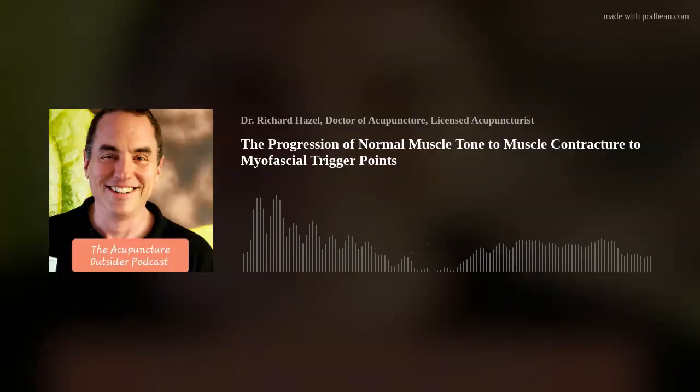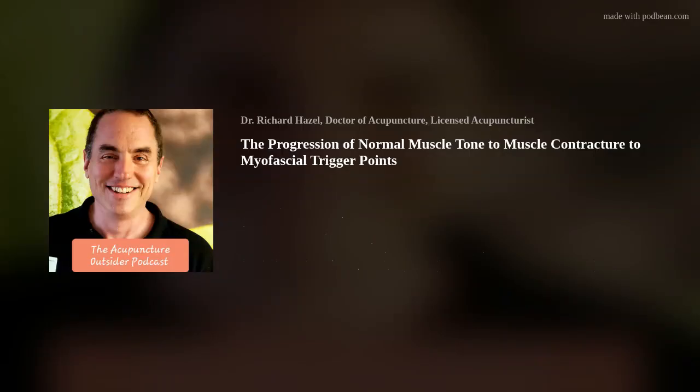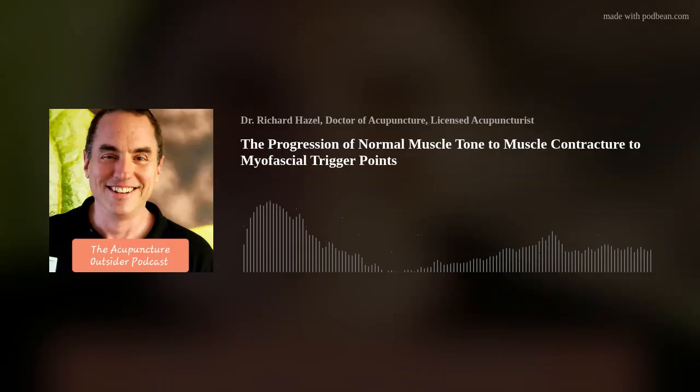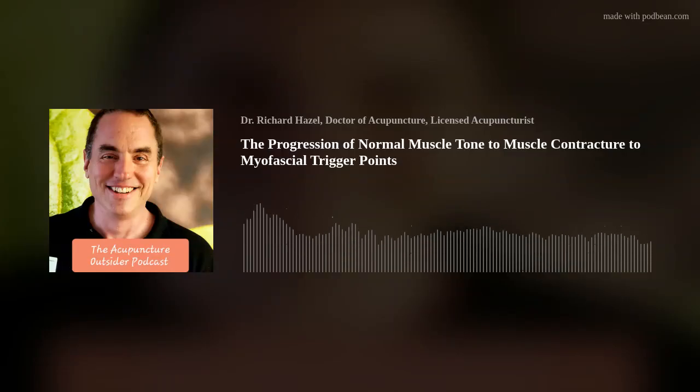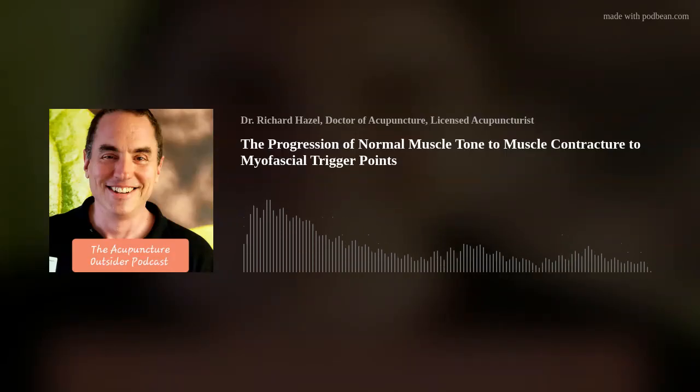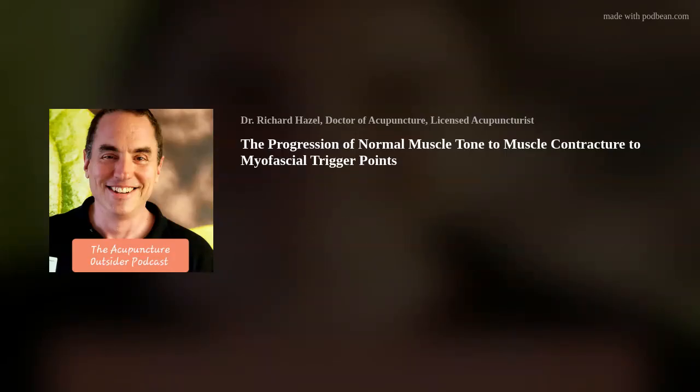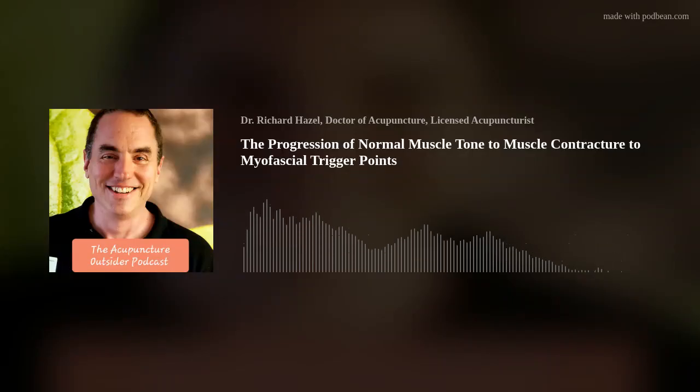But just understand the progression that we're looking at, so that you understand better how to judge how much treatment a person might need. When you're able to palpate someone's muscles and you feel the hypertonicity, but you don't have a sense that there are trigger points, then you know that that person is going to get better quickly with just motor points with some electric stimulation.